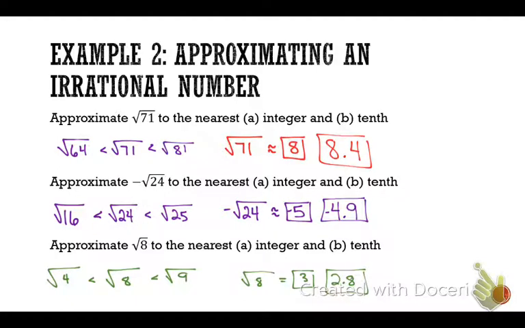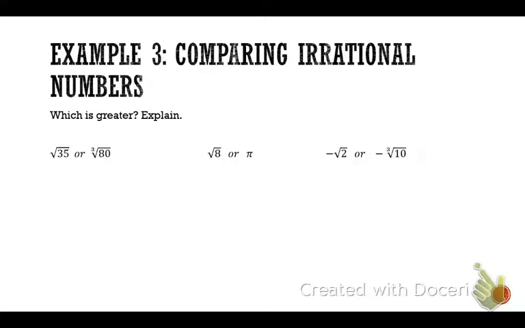Okay, next one. So now I'm going to compare, and notice what it's asking me. Which one is greater? Is the square root of 35 greater or the cubed root of 80 greater? Well, in order to do this, I'm going to approximate both of them, which means I've got to know which perfect square or which perfect cube it's closest to.